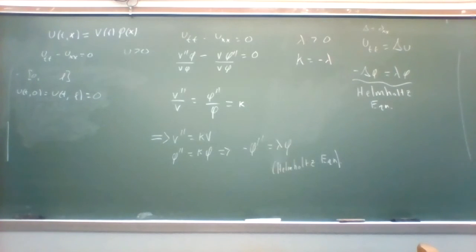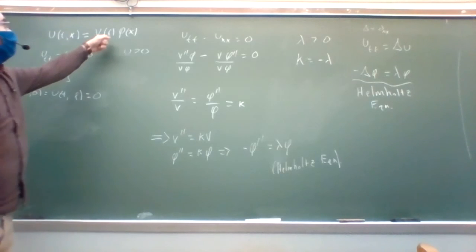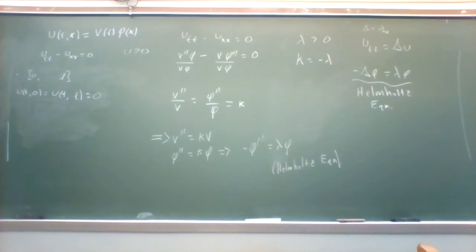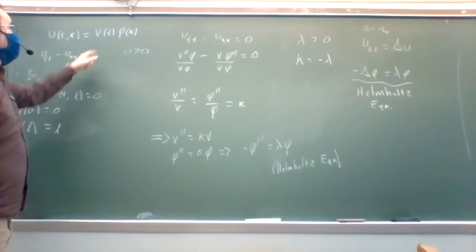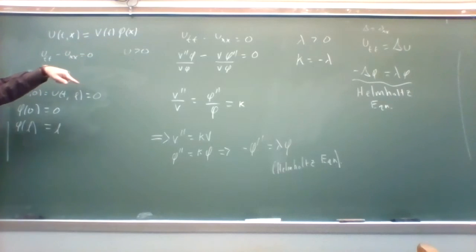And so you can put this 0 initial condition on either one of these that you want, but I think it quite makes sense to take phi of 0 equals 0 and phi of L equals 0. So initial conditions having to do with the spatial part being put on the spatial function, and that also makes sense to me in that if you decided that v of 0 was equal to 0, then you are perhaps affecting your other initial condition that has to do with u of t, which might be a problem.